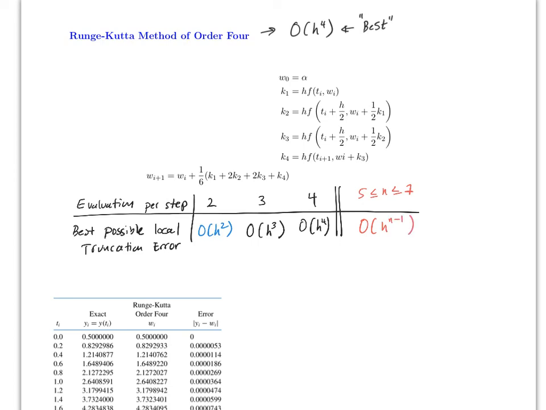So as you can see, it's not going to match the values in here. And if it is between 8 and 9, then it will be O(h^(n-2)) and so forth. So you can see after this point is not good. That's why this is the best we can do.